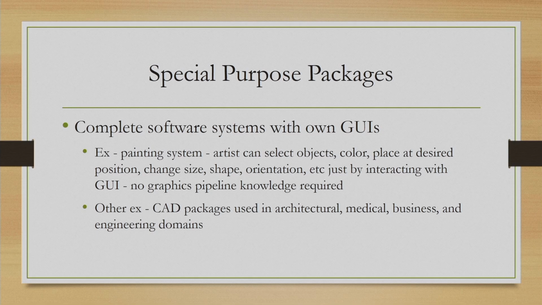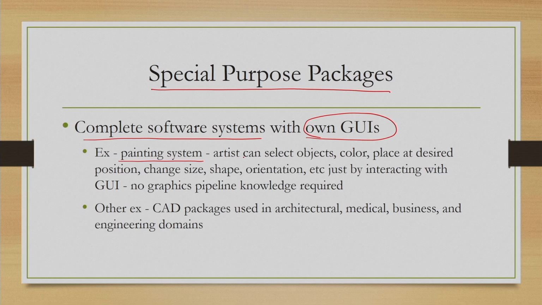In the special purpose packages, what do we have? These are essentially complete software systems with their own GUIs or user interfaces. For example, a painting system. Here it has its own user interface through which an artist can select objects, select color, place the objects at a desired position on the canvas or the screen, change the size of the object, change the shape, also orientation, and so on.